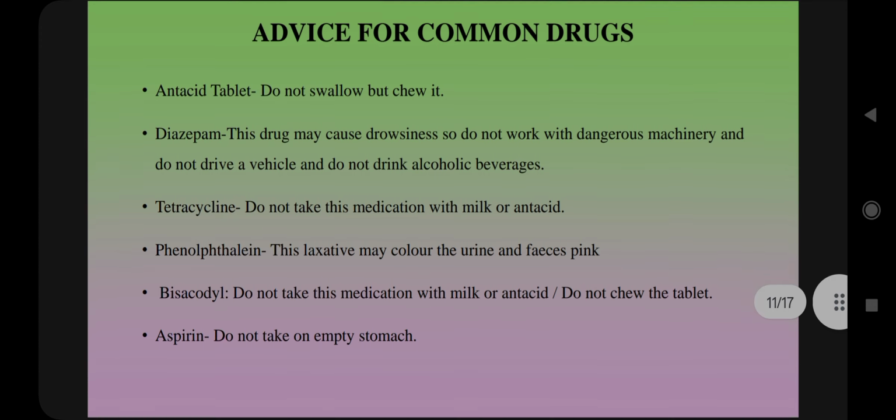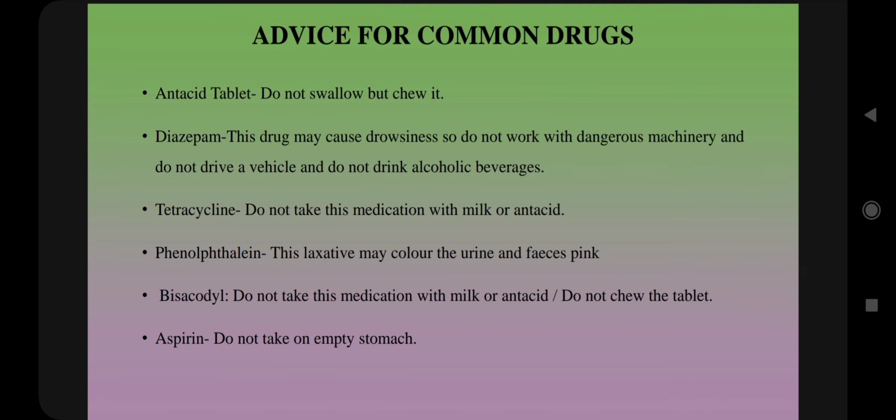The next slide is the advice for common drugs. An antacid tablet should not be swallowed but chewed. Diazepam may cause drowsiness, so do not work with dangerous machinery, do not drive a vehicle, and do not drink any alcoholic beverages.